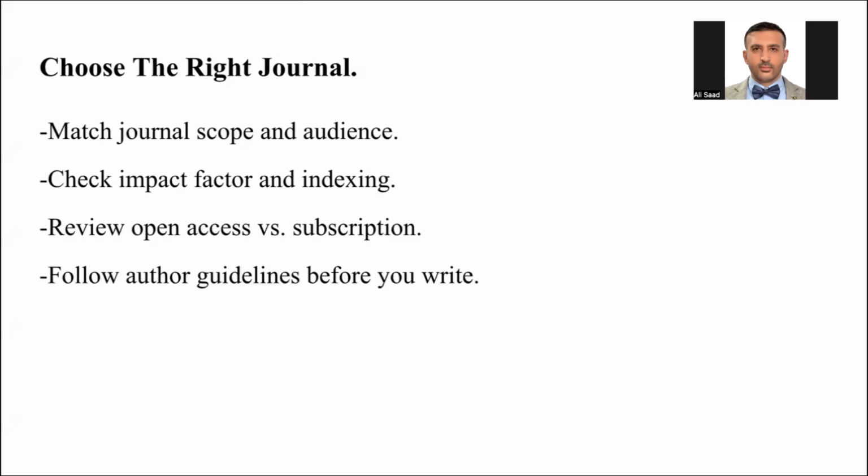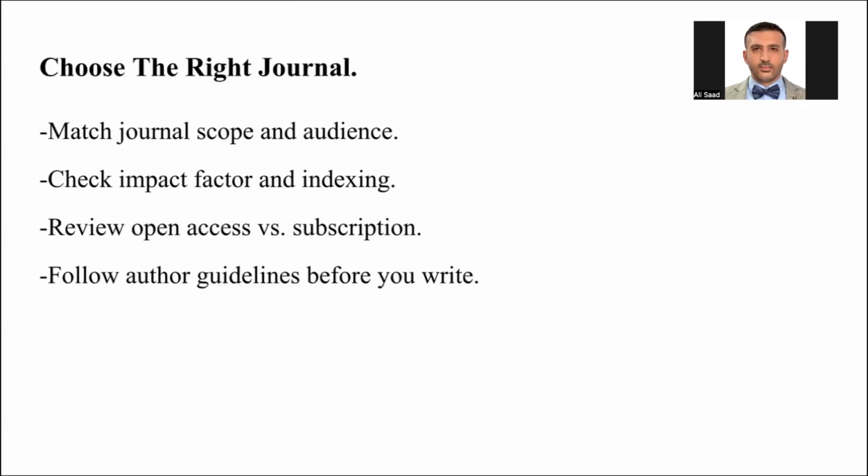Some researchers prefer journals indexed in Scopus because they are applying for research positions or research grants from big universities. So it depends on what your aim is. If you are aiming to make it more readable and more citable, you can choose a journal that is indexed in Web of Science and PubMed.